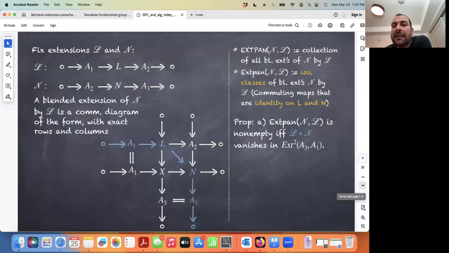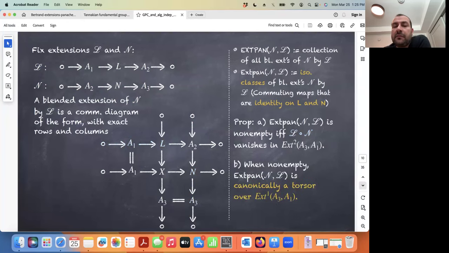Okay, so that's that. And then there's two key results here. One of them is that the isomorphism class of blended extensions is non-empty if and only if the two-extension that's in blue vanishes in the corresponding Yoneda Ext2 group.